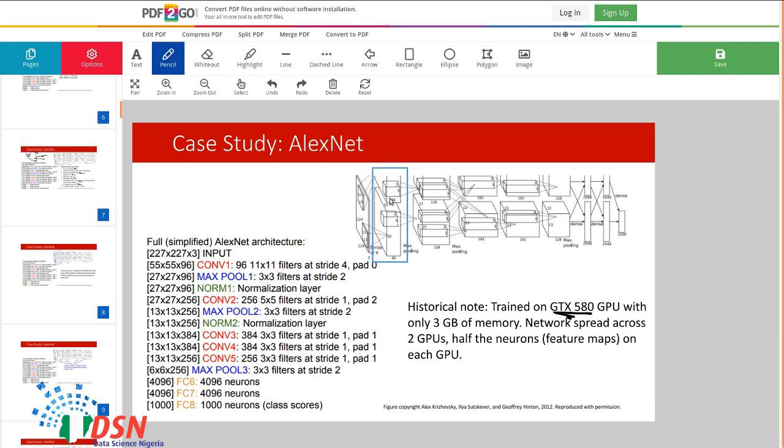They put half of the feature maps in one GPU and the other half in another GPU to be able to train the model more quickly. So don't worry about this, because nowadays we just put all of them in one GPU, because GPUs are much more powerful than at that time. Okay.